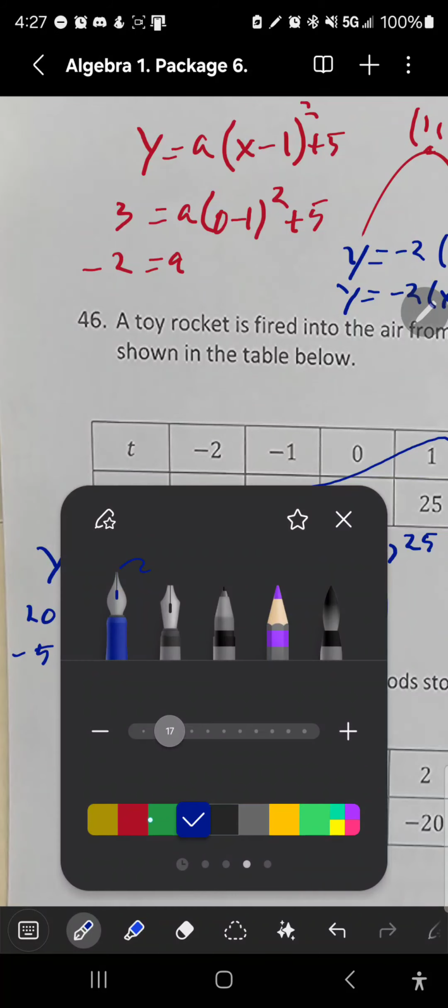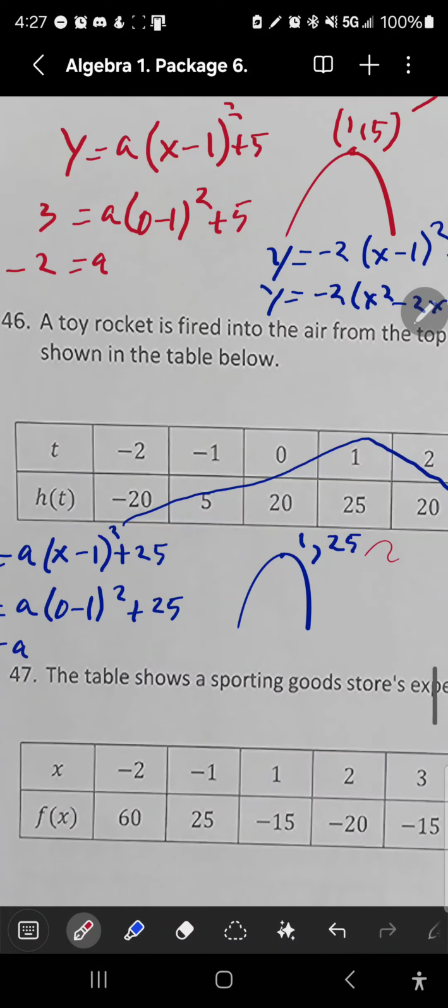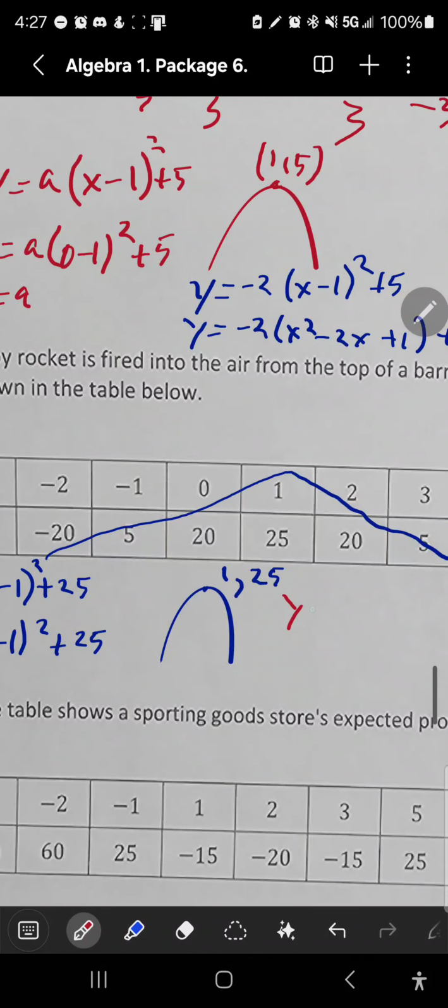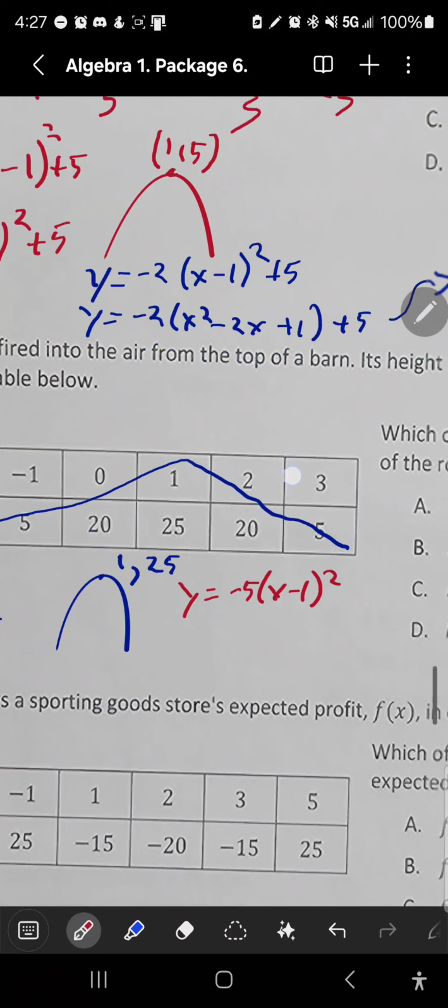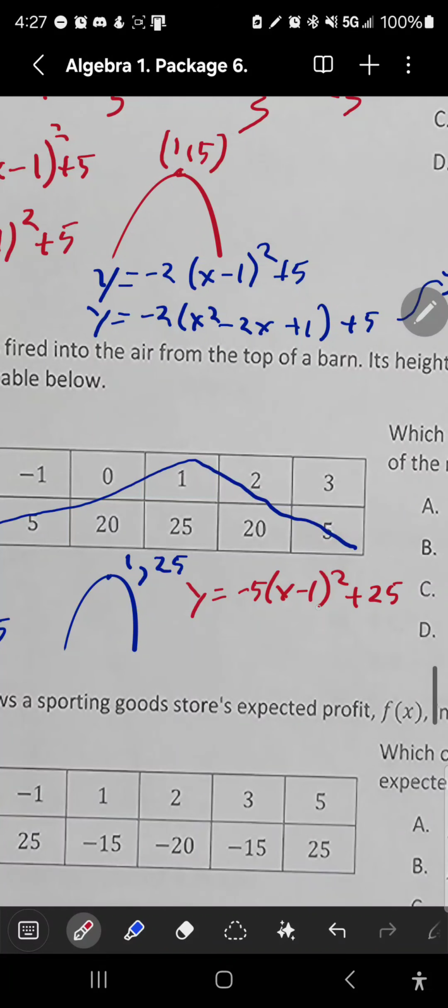Now I use my equation and I solve for it. I have that y equals negative 5 times (x minus 1) squared plus 25. So we get negative 5 times (x squared minus 2x plus 1) plus 25.